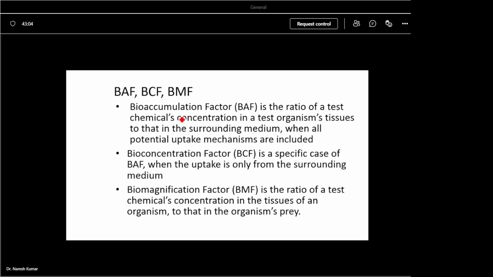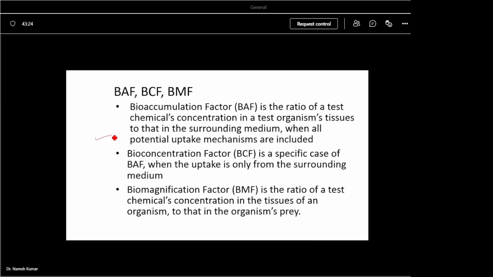Let us understand what they are. So we have these three factors: bioaccumulation factor, biomagnification factor. So bioaccumulation factor, basically it is the ratio of a test chemical's concentration in test organism tissues to that in the surrounding medium, when all potential uptake mechanisms are included.